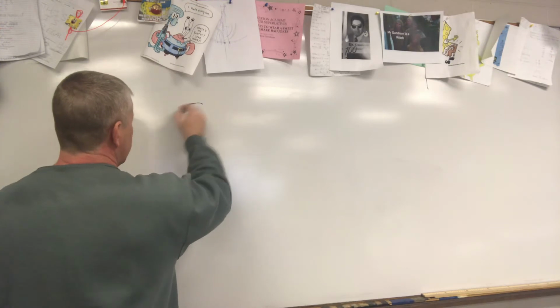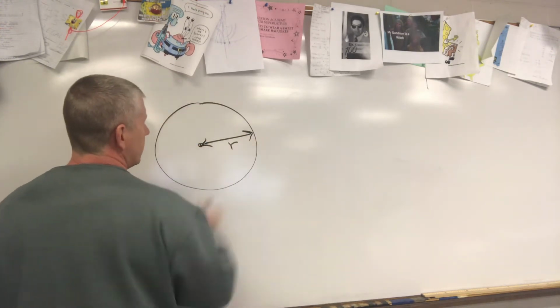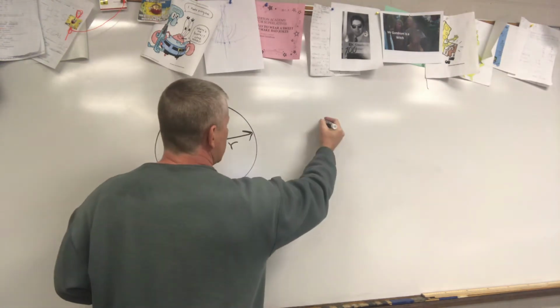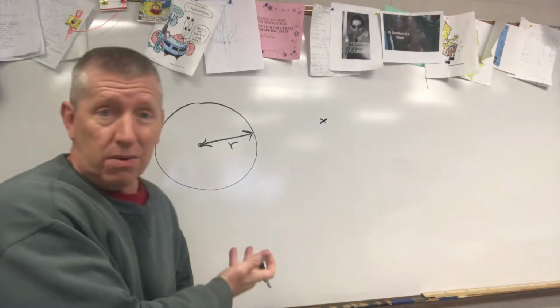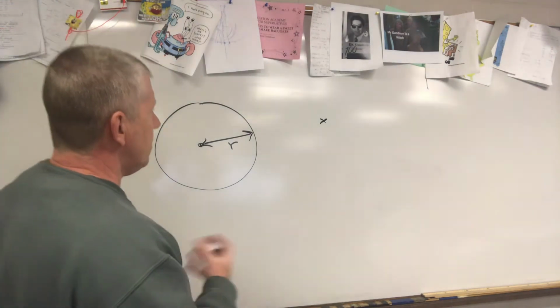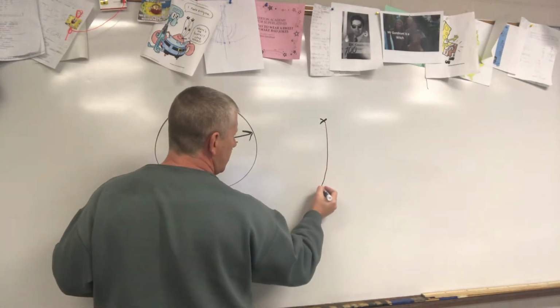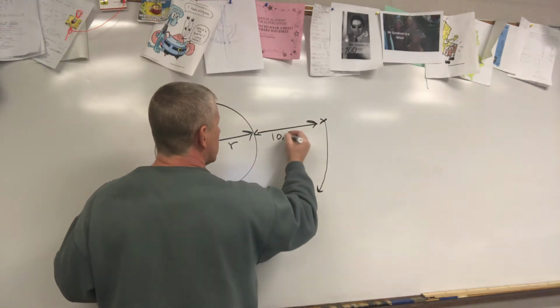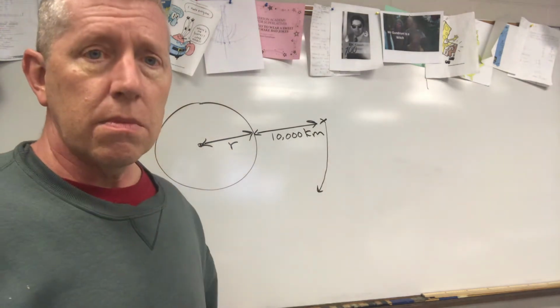So here's our Earth. That's R. We want to throw this baseball, or put it in orbit. If you're Bugs Bunny, you could, just to get up there. You want to throw it around the Earth and keep it in orbit at 10,000 kilometers above the surface.